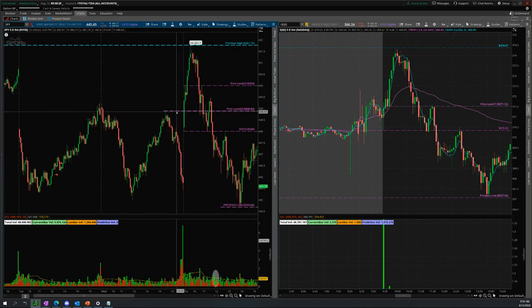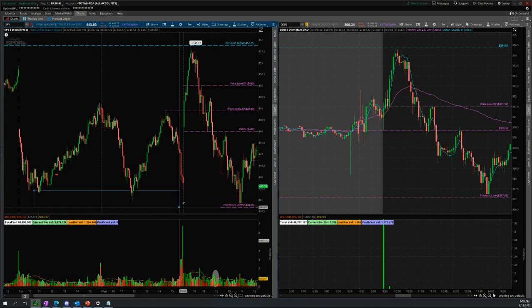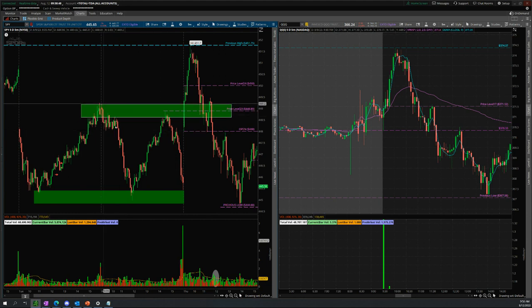Based on supply and demand, demand being areas where we're looking for buyers to show back up, here's a little demand zone right here. And then we've got supply, we'll just say right here, any area where sellers tend to show up. Based on these two levels, we look to capture the market imbalance in between.